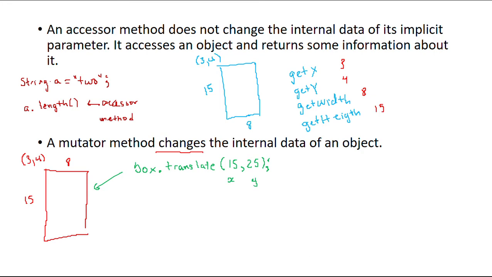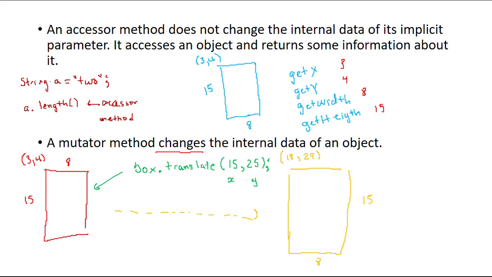After doing this, it's going to transform like a beautiful butterfly all the way to here. It's going to have exactly the same height of 15, exactly the same width of 8, but the top left corner is going to be located at, I don't know, 15 plus 3, 18, comma, 25 plus 4, 29.